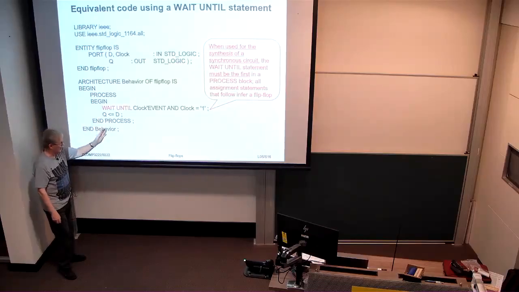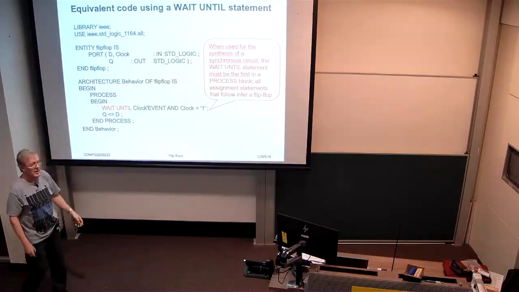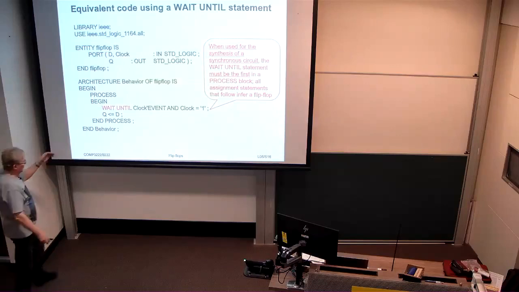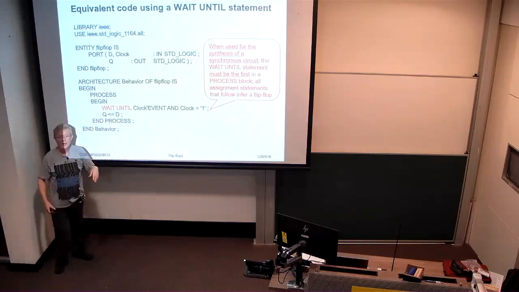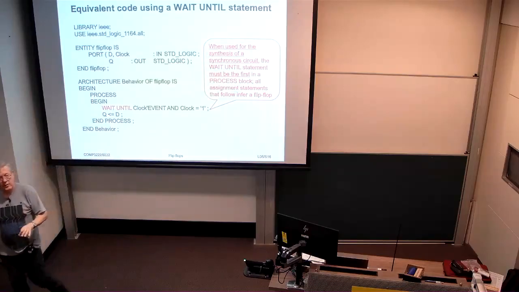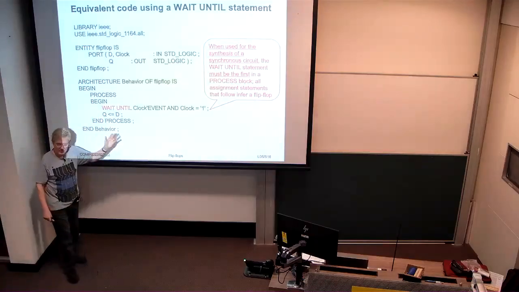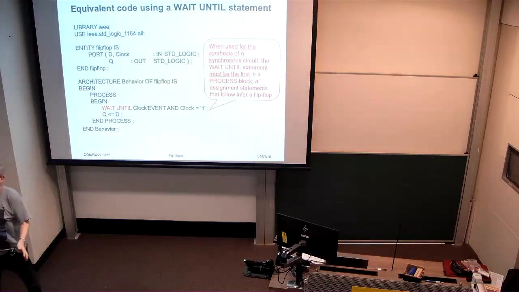So all of the signals that appear on the left-hand side are flip-flops. Okay? If we want to use this semantic for synthesis, the wait until statement has to be the very first statement in the process. If it's buried down after several other assignments, etc., we can't synthesize that code. So this only works if we put that wait until statement right at the very front.